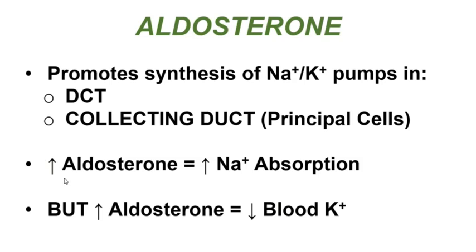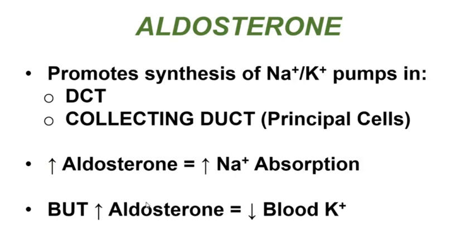So the more aldosterone that's being released from the adrenal glands here, the greater the sodium reabsorption we have, because we see more sodium-potassium pumps being created here. But remember the work of the sodium-potassium pump.